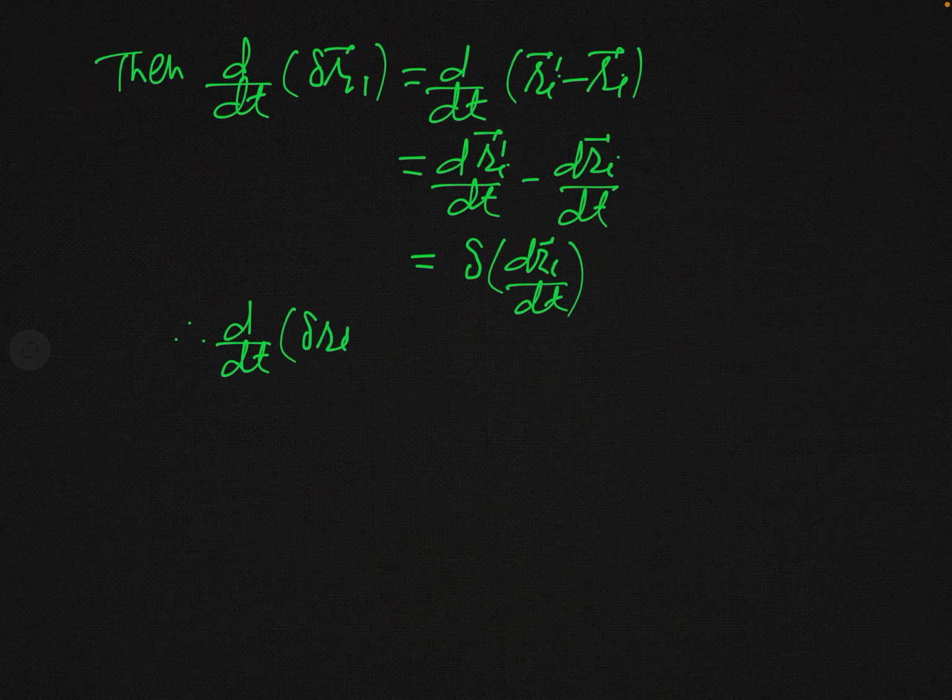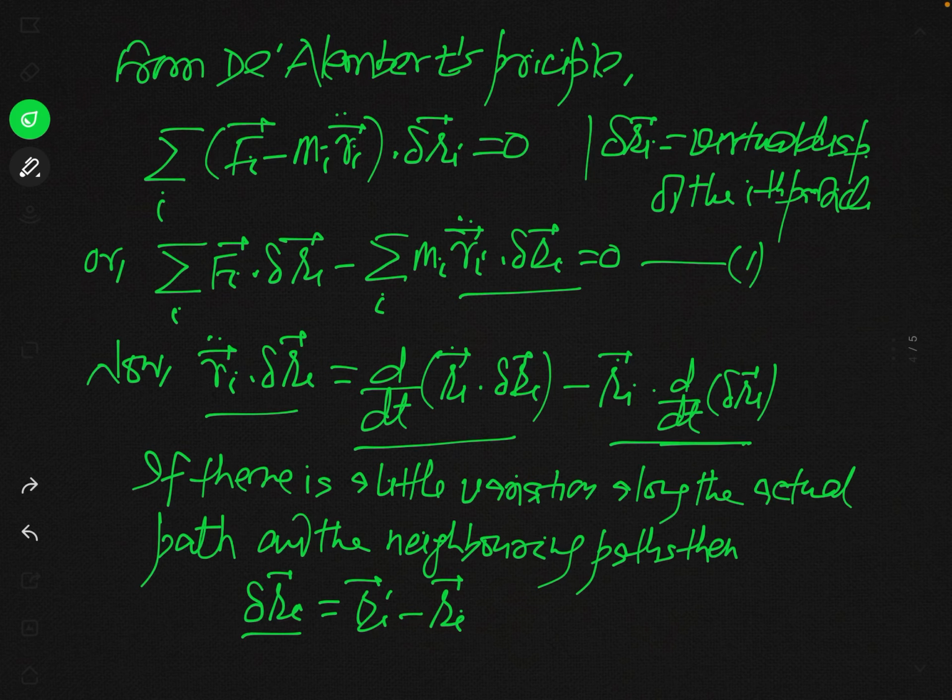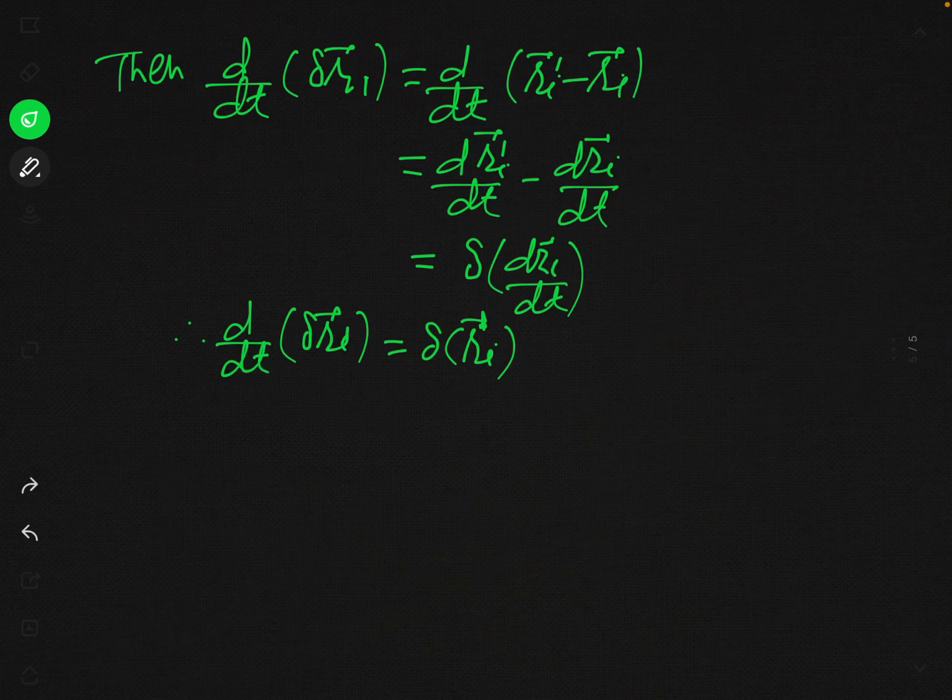But you know dRi by dt means Ri dot, so you can write that d dt delta Ri is equal to delta Ri dot. See here, dRi by dt is equal to Ri dot. Say this is equation 3, and the earlier one is equation 2.